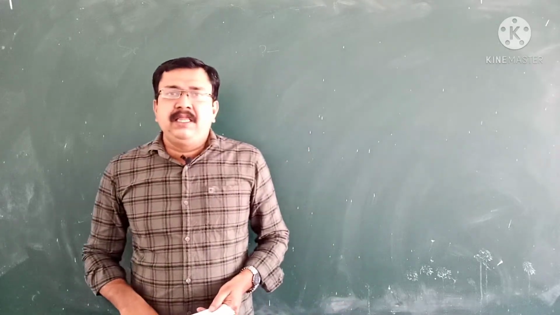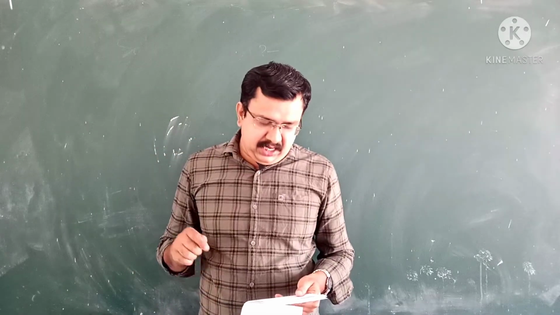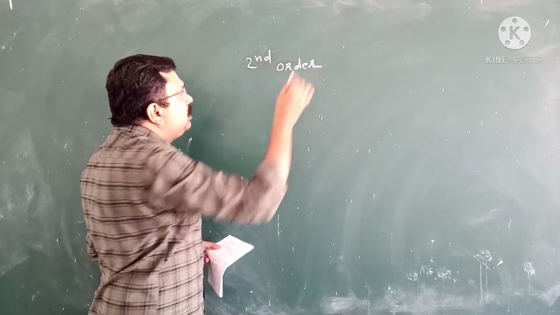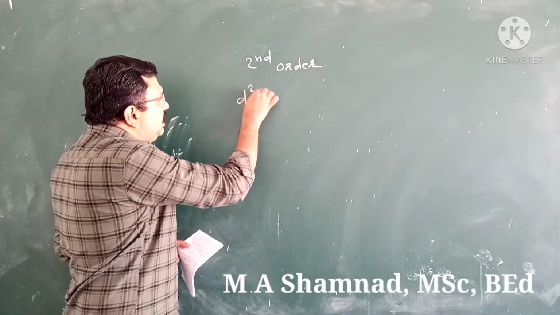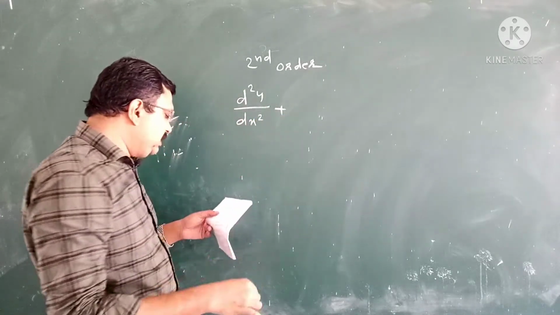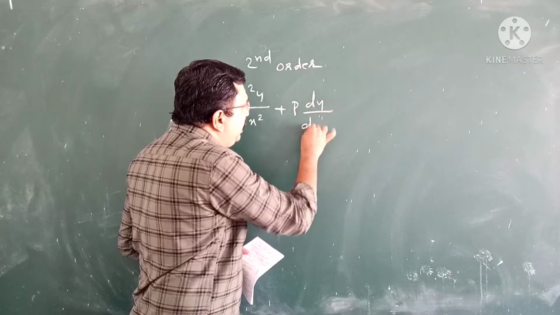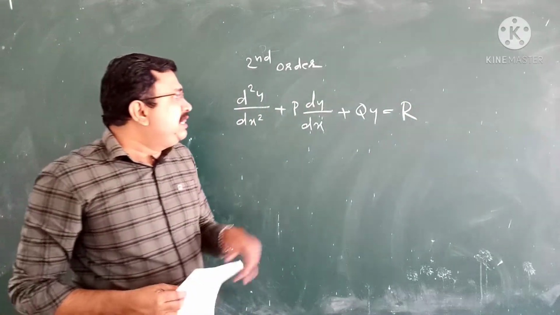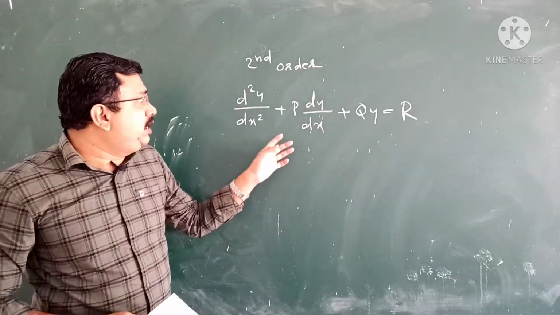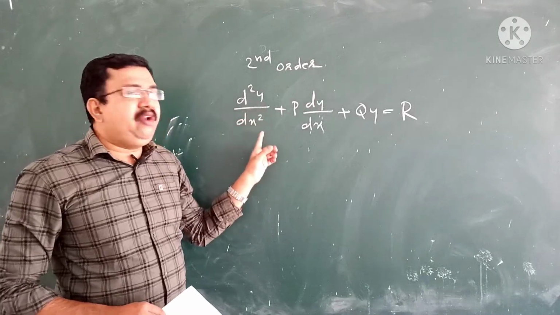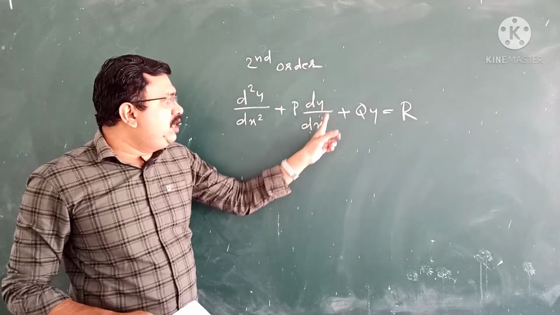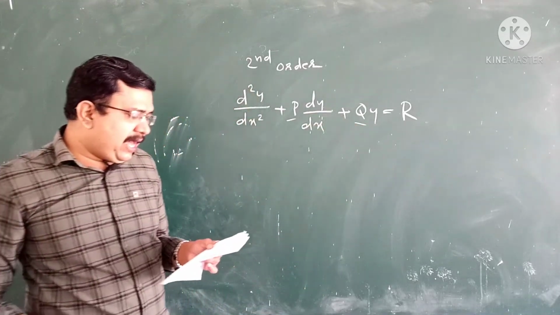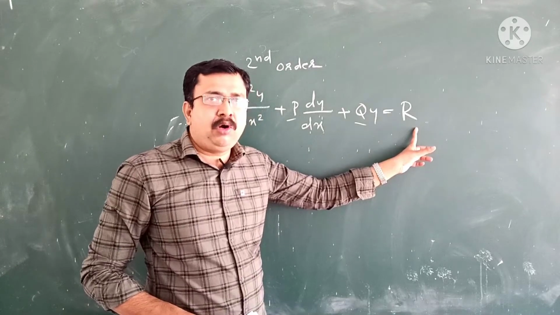Remember that the general form of the linear differential equation of second order is d²y/dx² + p dy/dx + qy = r, where p and q are constants and r is a function of x or a constant.